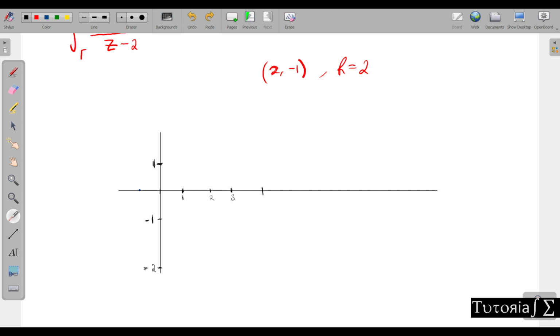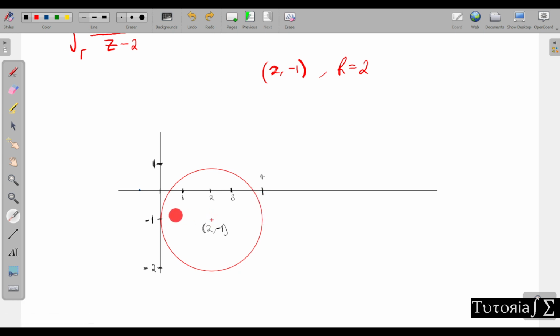So now sketching that, we get the center there. Two units in this direction from this point will be 1, 2. From here, we start from here, which is 1, 2, so it will pass on 4 here.